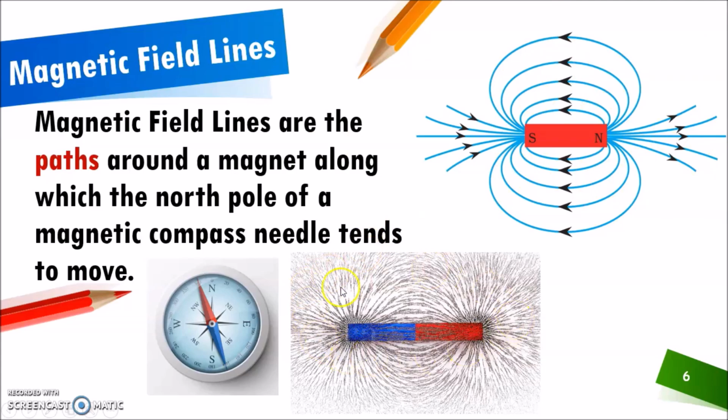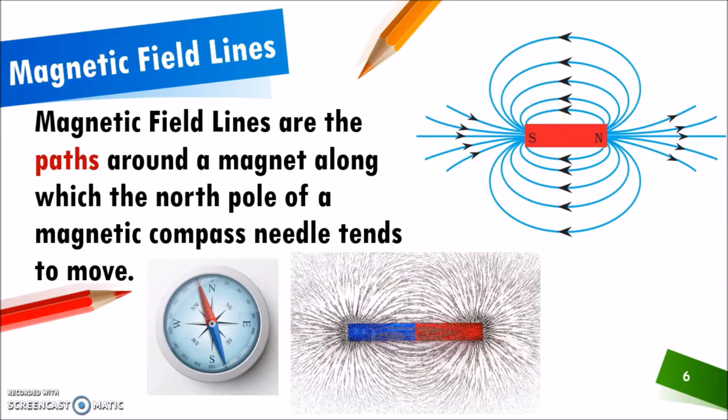In this figure, these are iron filings around the magnet and the paths. These paths are called magnetic field lines, and the ray diagram of this original picture is like this. Okay, these are the magnetic field lines. Is it clear, students?